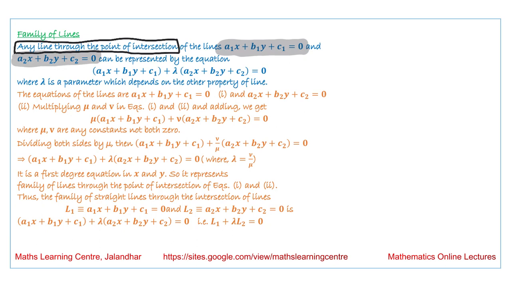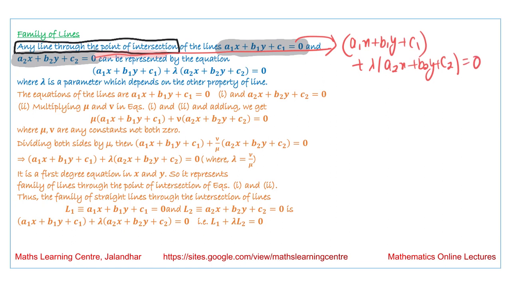Any line through the point of intersection of these two lines is given by a1x plus b1y plus c1 plus lambda times a2x plus b2y plus c2 is equal to 0, where lambda is the parameter which depends upon the property of that line. So this will be more clear to you with our next example.